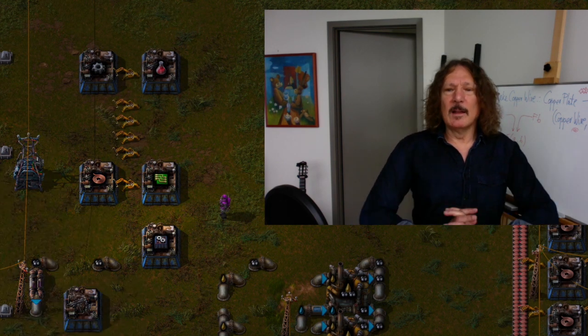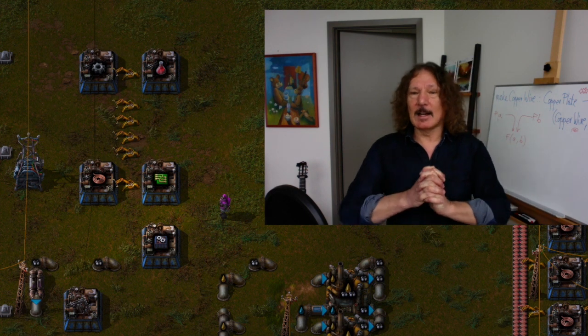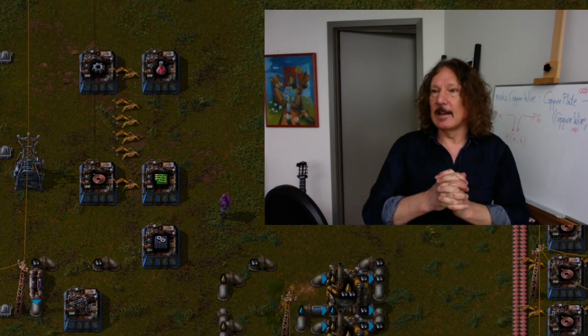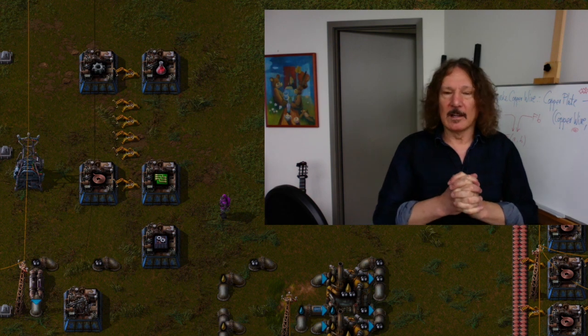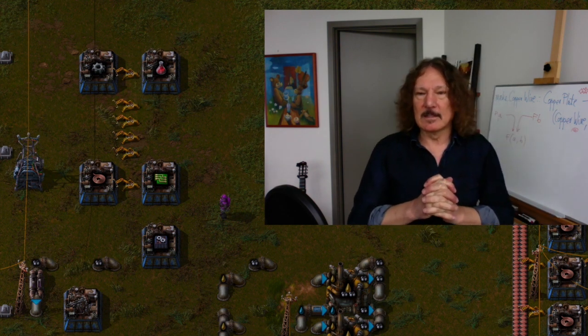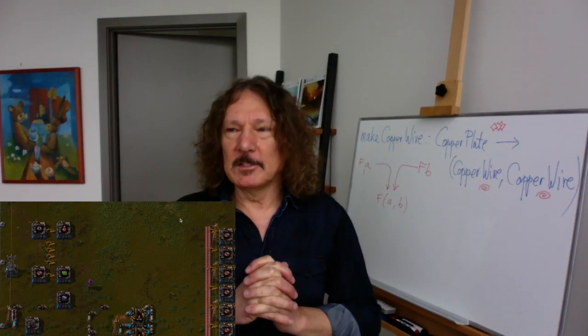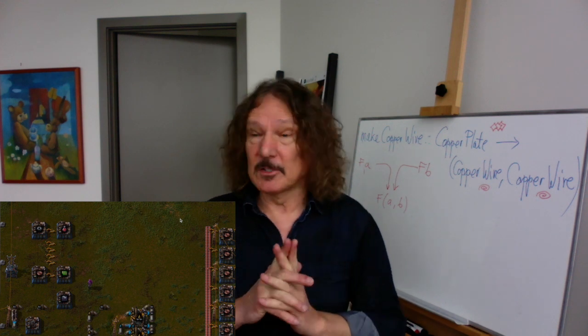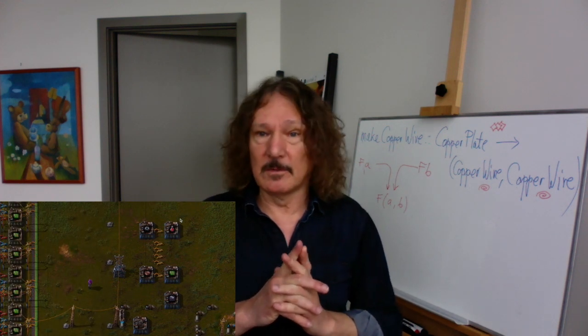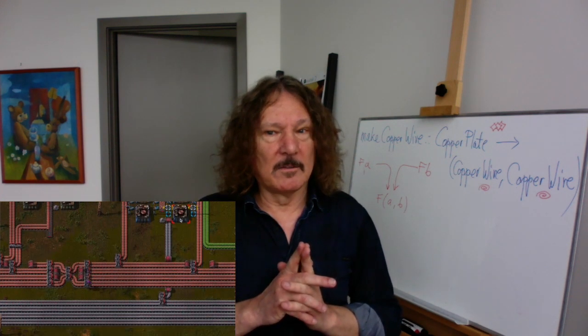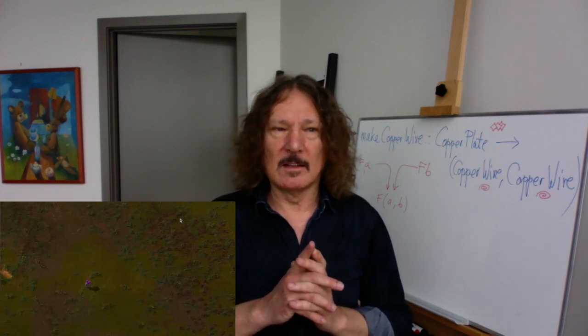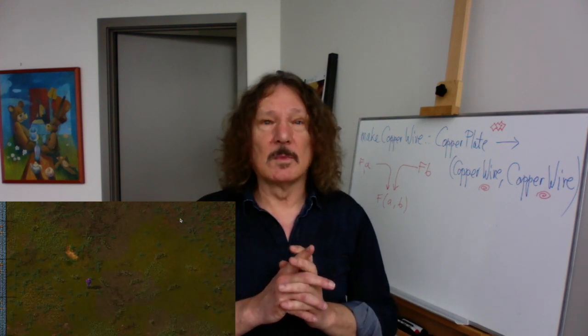There is one thing that I'm kind of shoving under the rug, and that's that in functional programming, there's no mutation, right? You never change anything. And in Factorio, you have these assemblers that take arguments and they consume them.